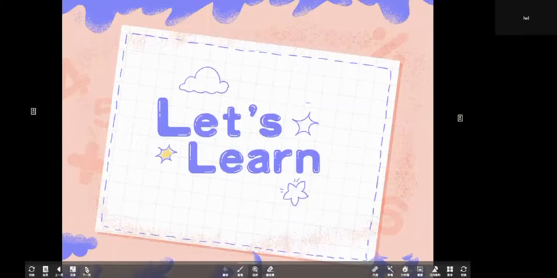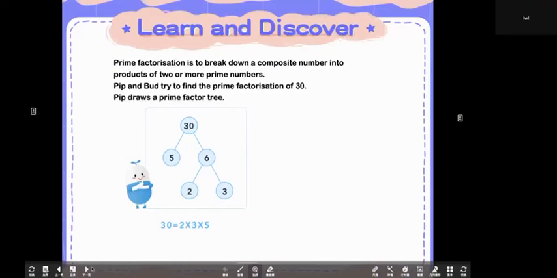Next, we will quickly review the most important part of prime factorization 1. So what is prime factorization? You may ask me. I will tell you prime factorization is only a method to help us break down a number into several prime factors.